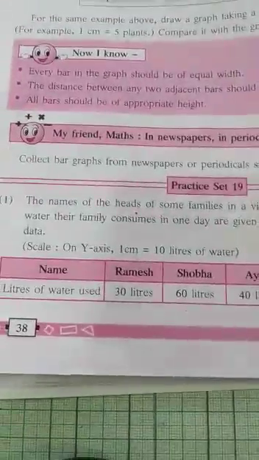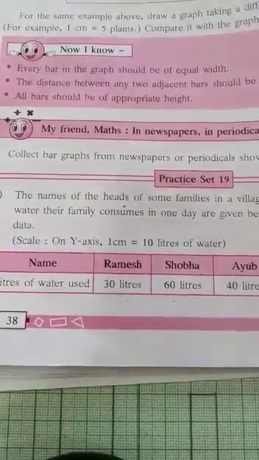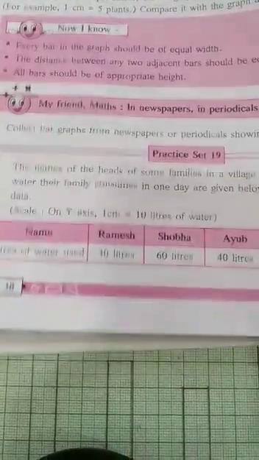And the scale is given on the y-axis: 1 centimeter is equal to 10 liters of water. So you will draw a bar graph. I have drawn this x-axis. You will draw the x-axis and the perpendicular line will be the y-axis, and this will be O. Now you have to write the heading.